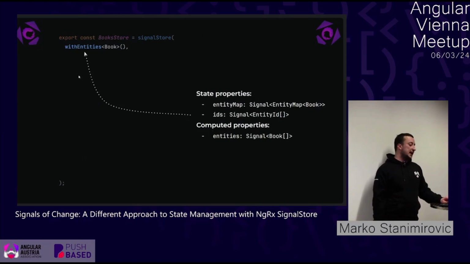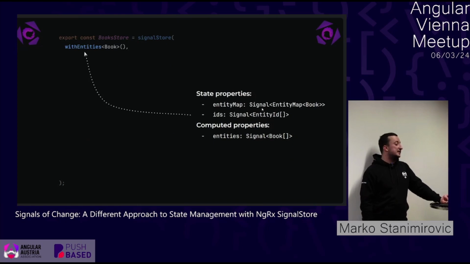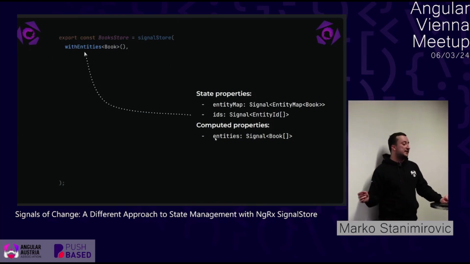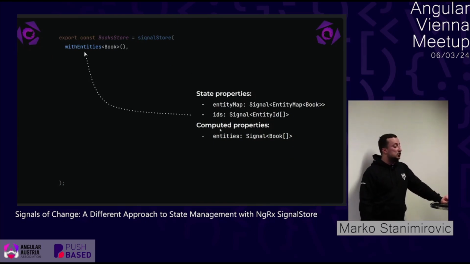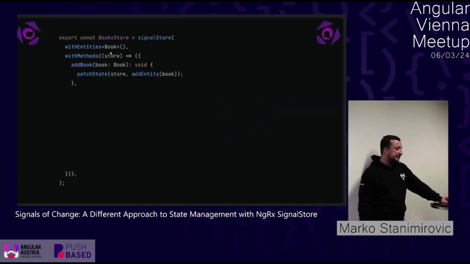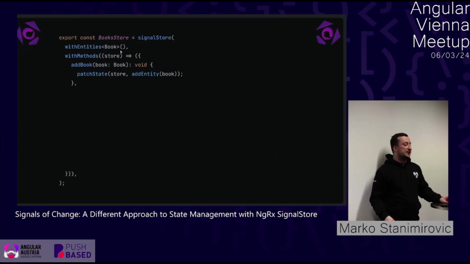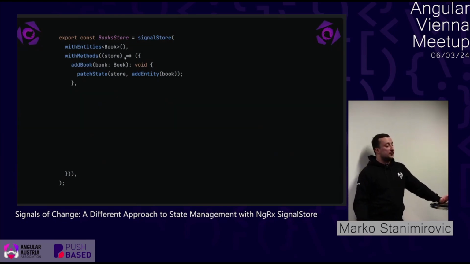So it will add these two state properties. It will add an entity dictionary and an array of IDs, very similar to the NgRx entity if you used it previously. And it will also add an array of entities as a computed signal to the store that uses this custom feature. And then, in addition to the withEntities feature, the entities plugin also provides custom updaters that we can use for CRUD operations.